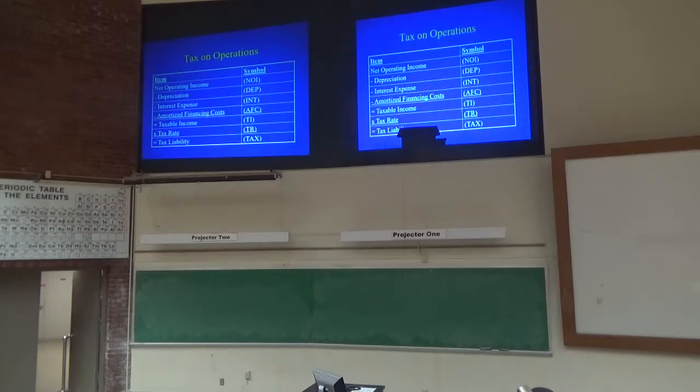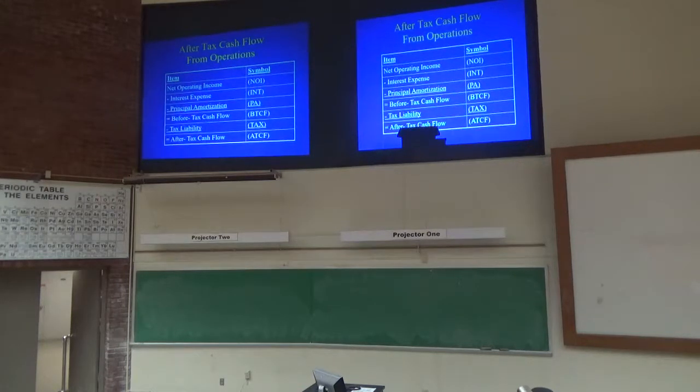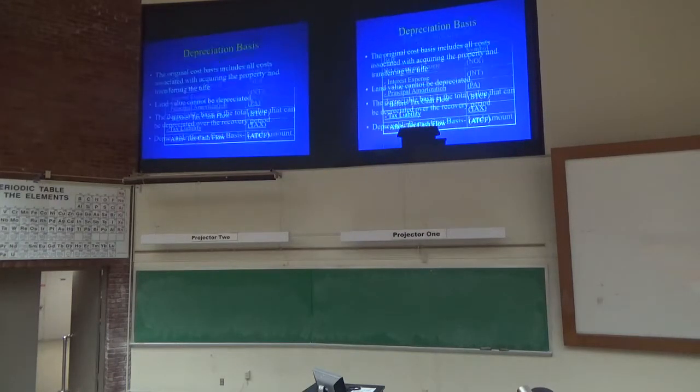That's why people love real estate, because you have all of these deductions that lower your taxable income. You get your NOI, you take out the expenses and amortization, you get your before tax cash flow, you get your tax liability, you get your after tax cash flow. Okay? And then you take out the mortgage, then you're going to get your cash on cash.